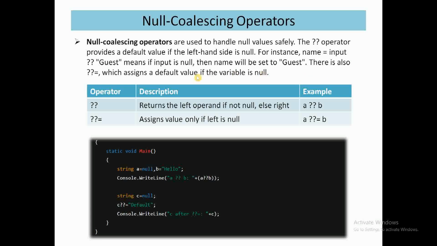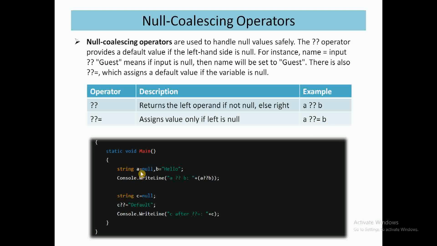So here we have two operators: the double question mark, and the double question mark with equal to. The first one returns the left operand if it is not null, else the right. So this is the syntax: A double question mark B. The second one assigns the value only if the left is null: A double question mark equal to B. Here is an example.